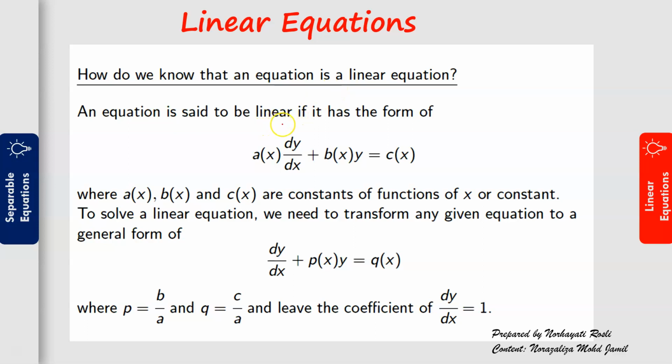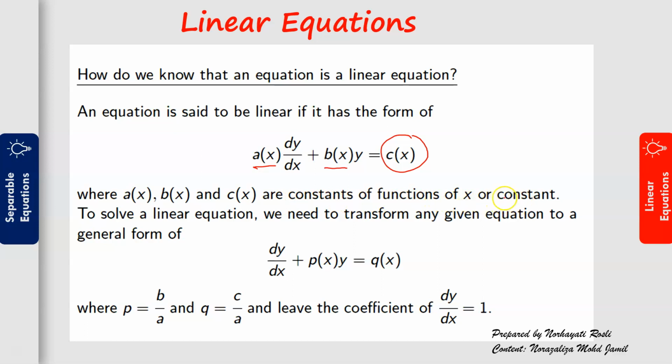An equation is said to be linear if it has the form a(x) dy/dx plus b(x) y equal to c(x). Here the multiplication involving dy/dx is only a function of x, the multiplication involving y is only a function of x as well, and it is equal to some function of x, where a(x), b(x) and c(x) are constants or functions of x.